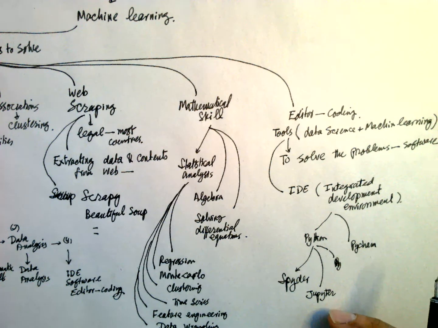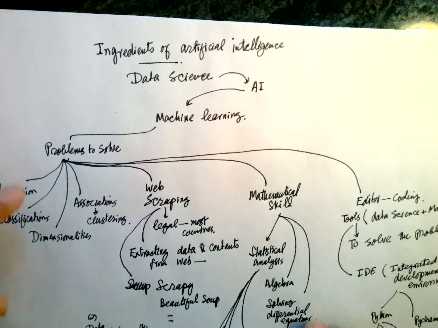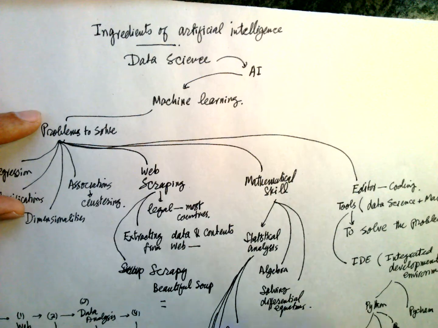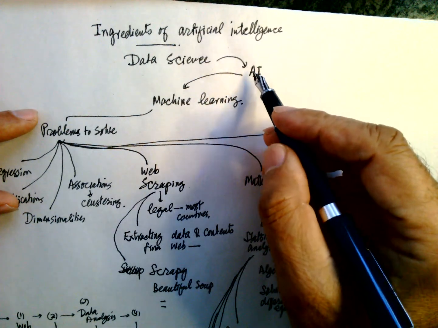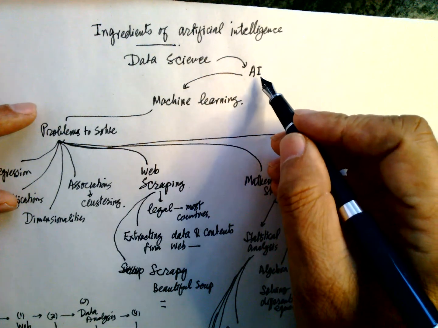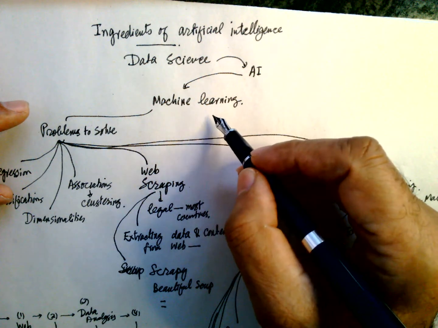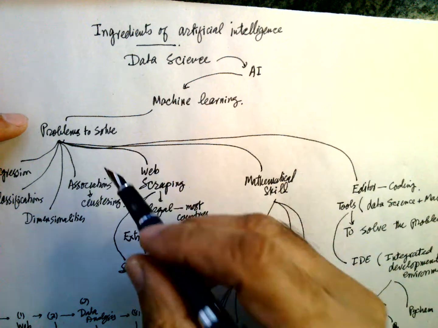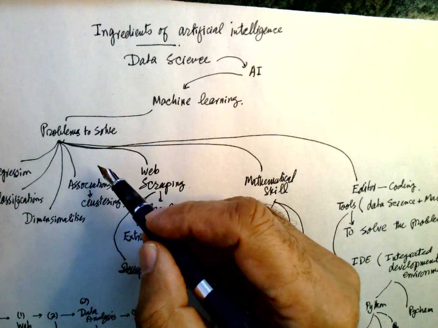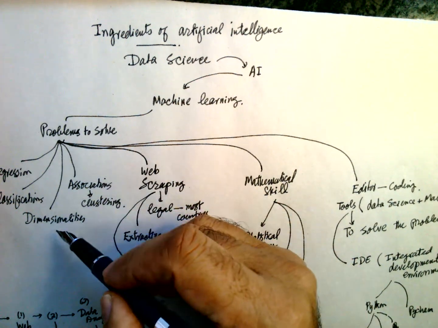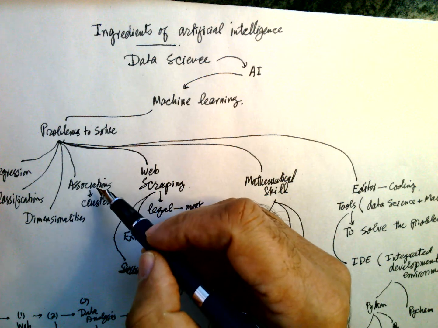Artificial intelligence is part of data science, and machine learning is a subset of artificial intelligence. The problems to solve in machine learning use regression, classification, dimensionality, and association.